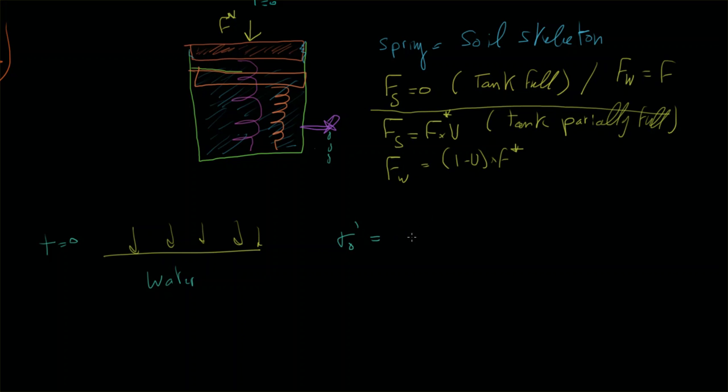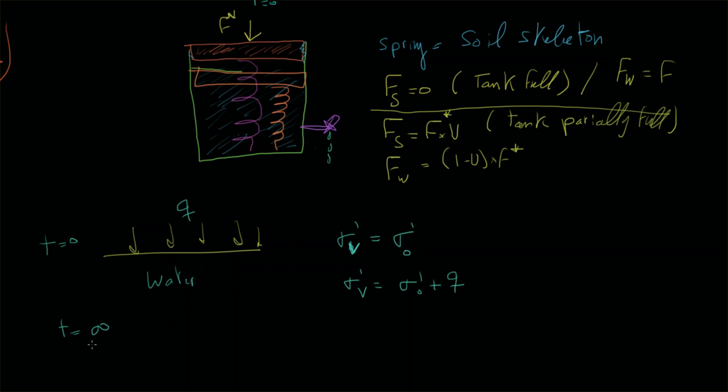Sigma dash v remains sigma dash naught. There's no addition. It's still as it was before we added the load Q. However, at time equal to infinity, sigma dash v equals sigma dash naught plus Q.